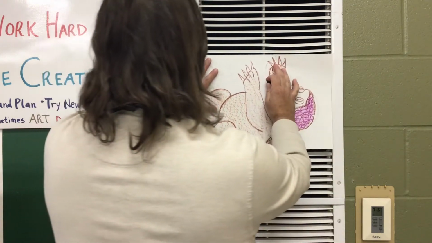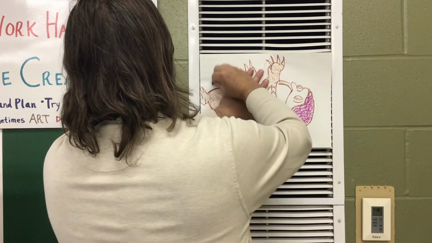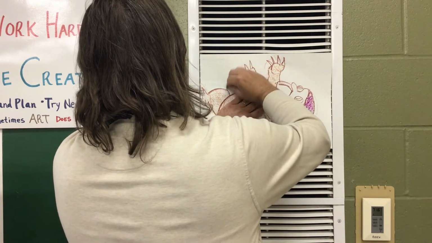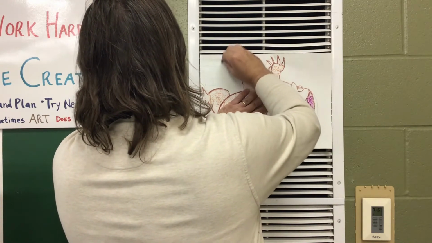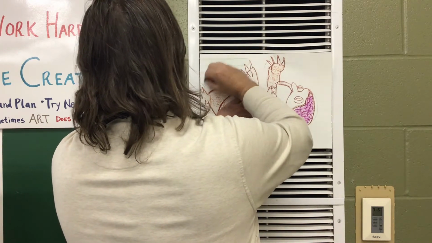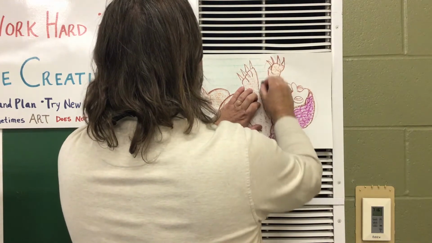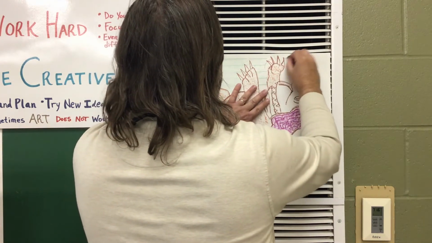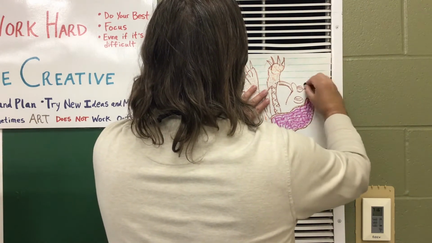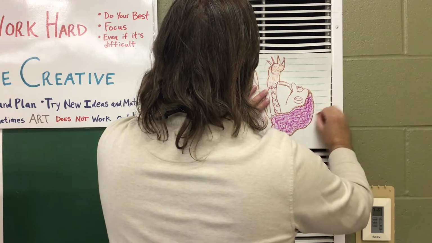I also have another color of crayon, and I'm going to rub this texture using, again, the side of the crayon, and I'm pushing down lightly, and we can see these lines being transferred onto the drawing.